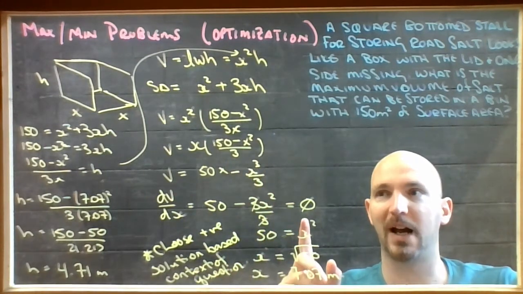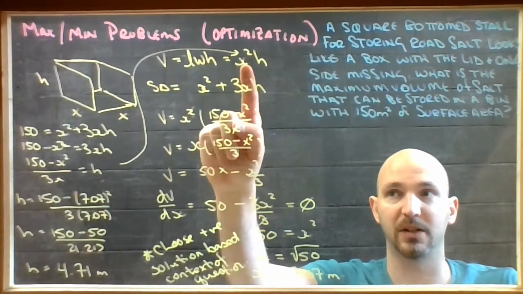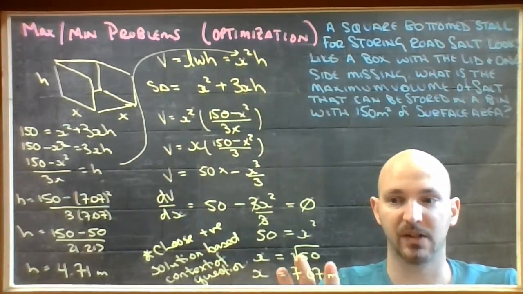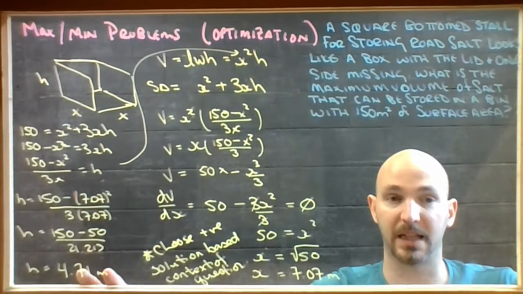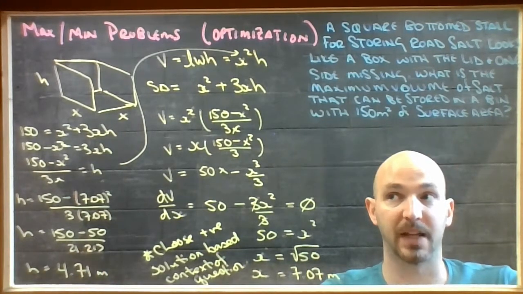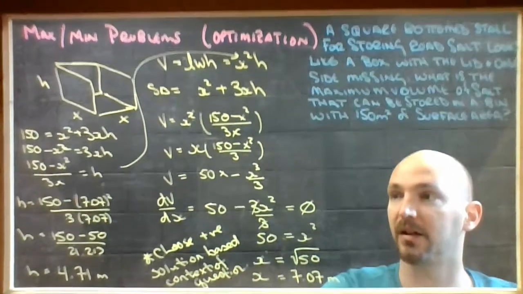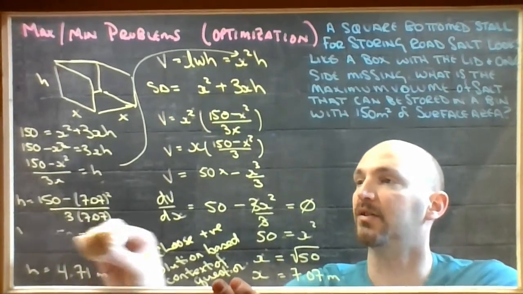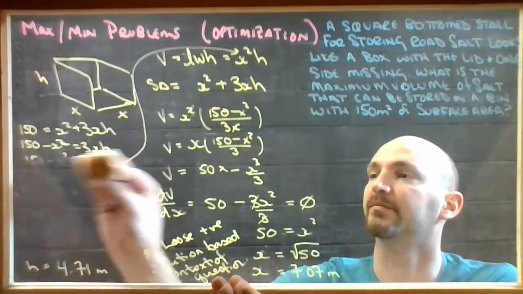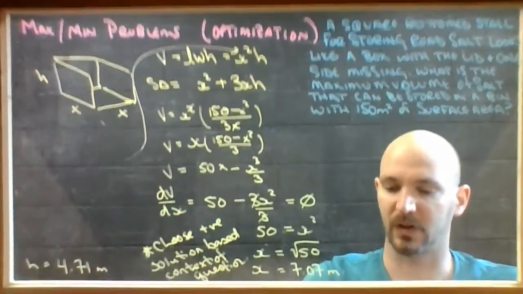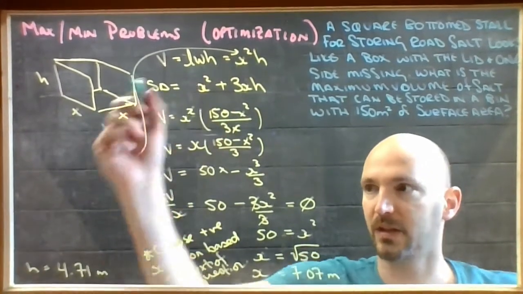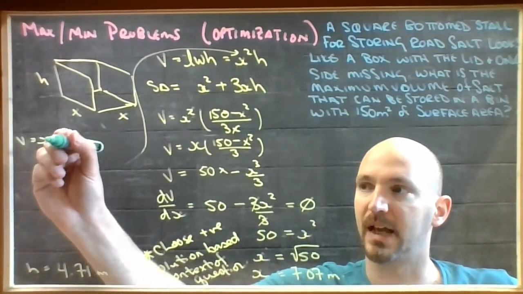But what I do have is an expression for volume that includes the x squared and the h. So if I squared this and multiplied it by that, then I should be able to get my volume. So let me clear out some space to do that. Okay, so the volume is x squared h.